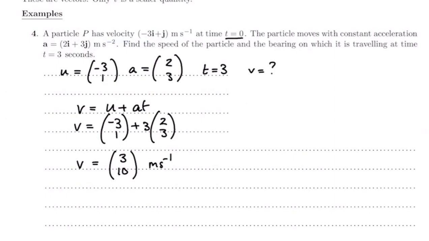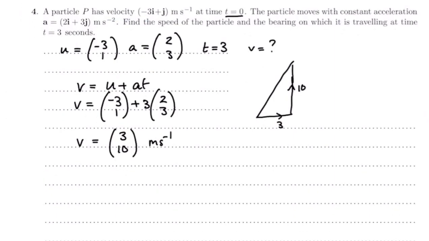Now it does ask for the speed, so I'm just going to draw a little diagram. It goes 3 across and 10 up, so there's my velocity triangle.